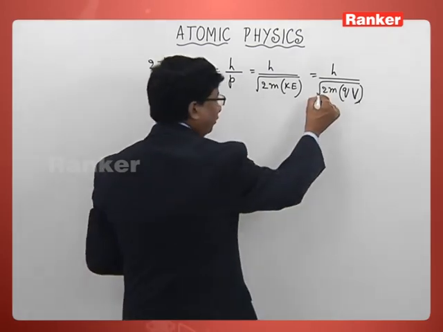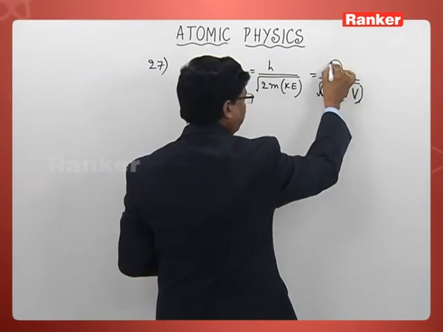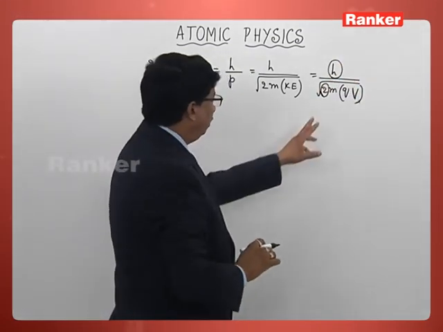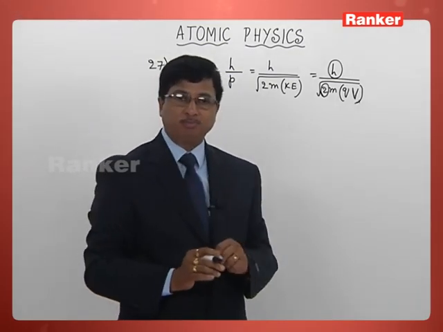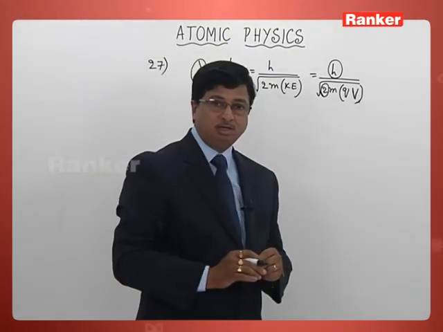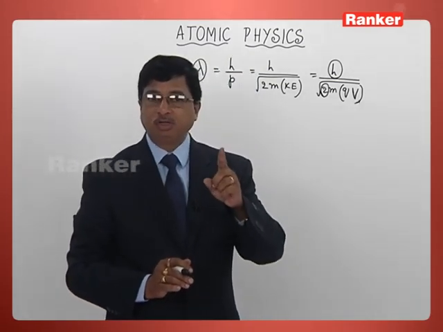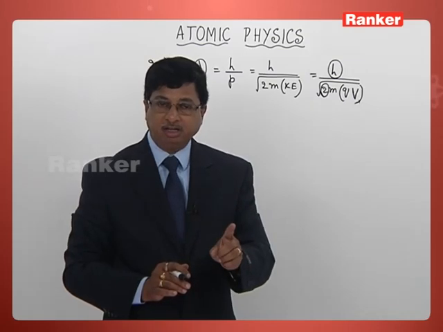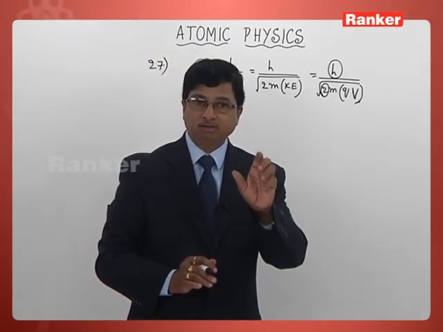And secondly, the value of 2 is a constant, h is a constant. Then what are the three variables you are finding in that problem? Mass being a variable, charge being a variable, potential difference also is supposed to be varied for both the particles to have the same wavelength lambda.